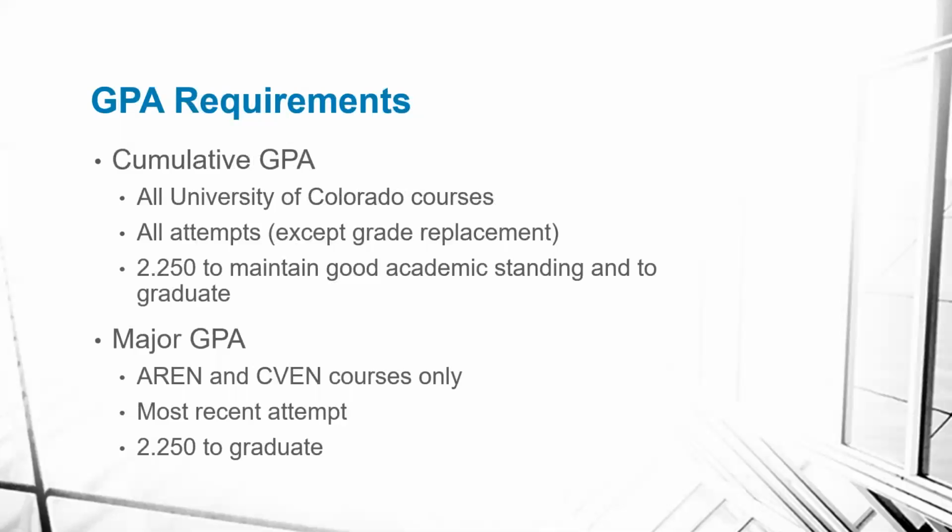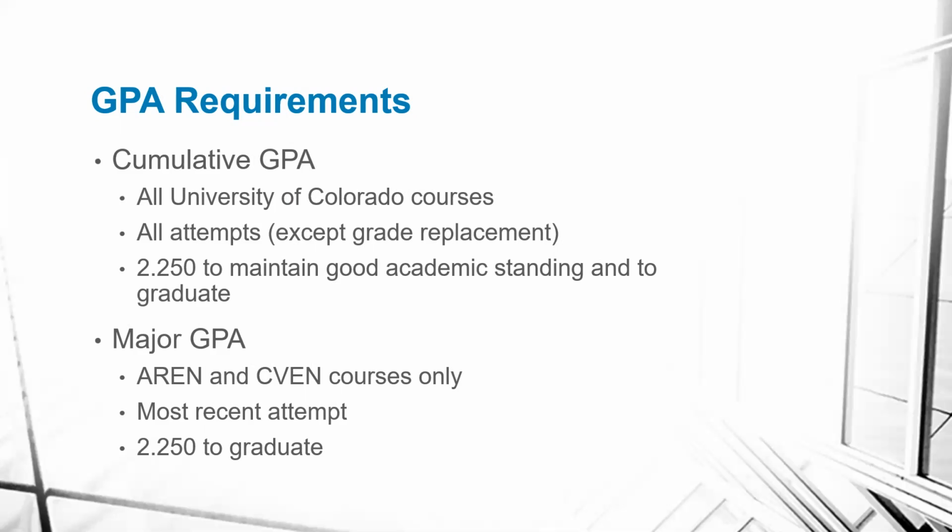It also includes all attempts at a class. So if you took a class 3 times, all 3 of those grades would be included in your cumulative GPA, unless you use a specific grade replacement policy that removes an old grade from your GPA calculation.